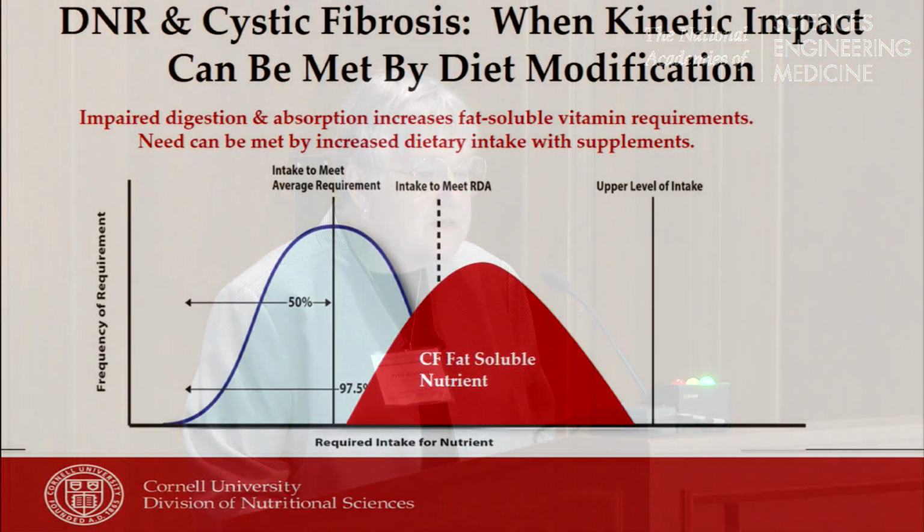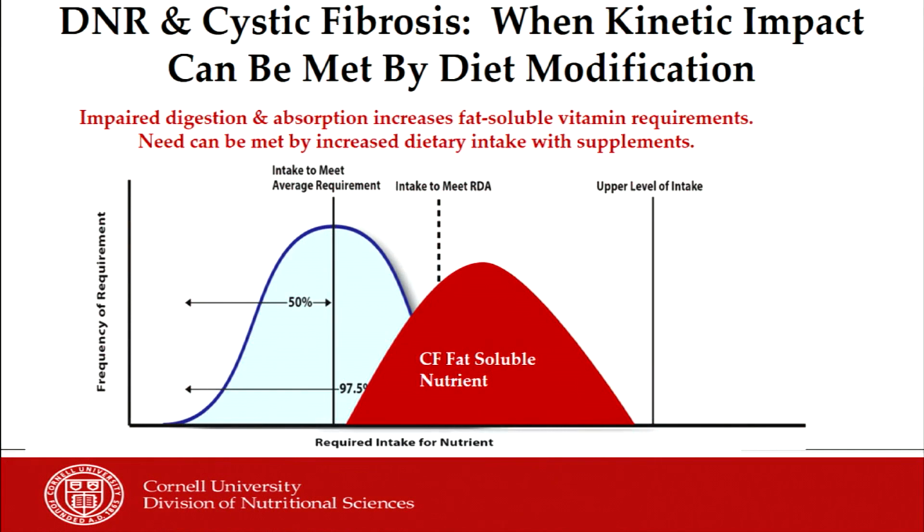A different example of a chronic disease is cystic fibrosis, where in fact the kinetic impact might be met by diet modification and can be. Here, because of the impairment in digestion in most individuals with cystic fibrosis, there is an increase in the need for fat-soluble vitamins. This need can be met by supplements and by modifications to the diet.